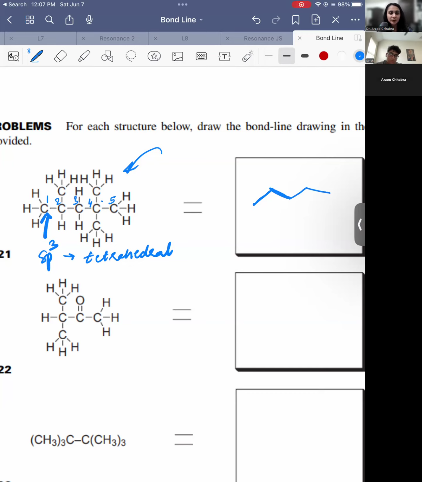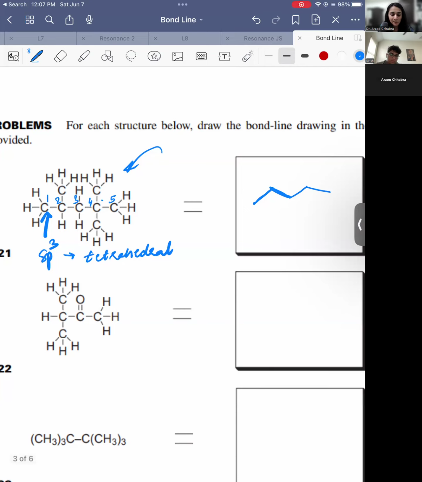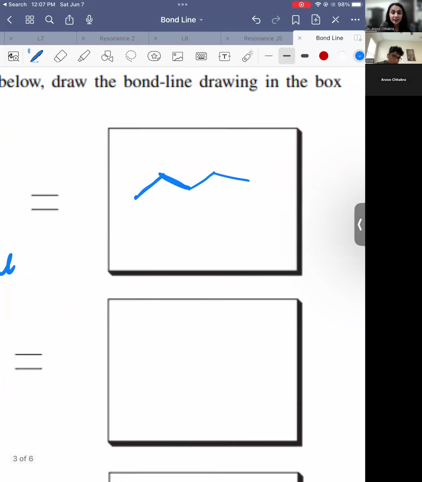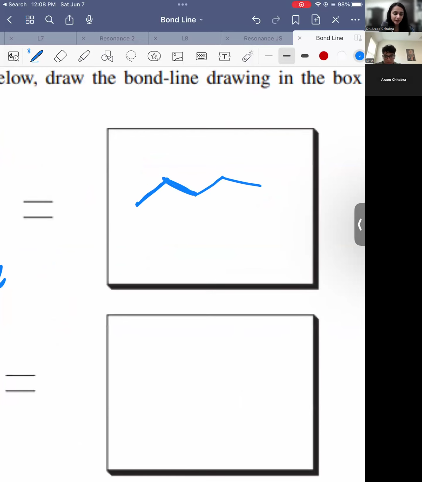And they're all tetrahedral here, so they're all zigzagged. The reason is that this represents a tetrahedral geometry. So how does that work? If you think about this carbon over here, there's a hydrogen here and a hydrogen here. For every carbon, the angle is 109.5, which represents the tetrahedral geometry.